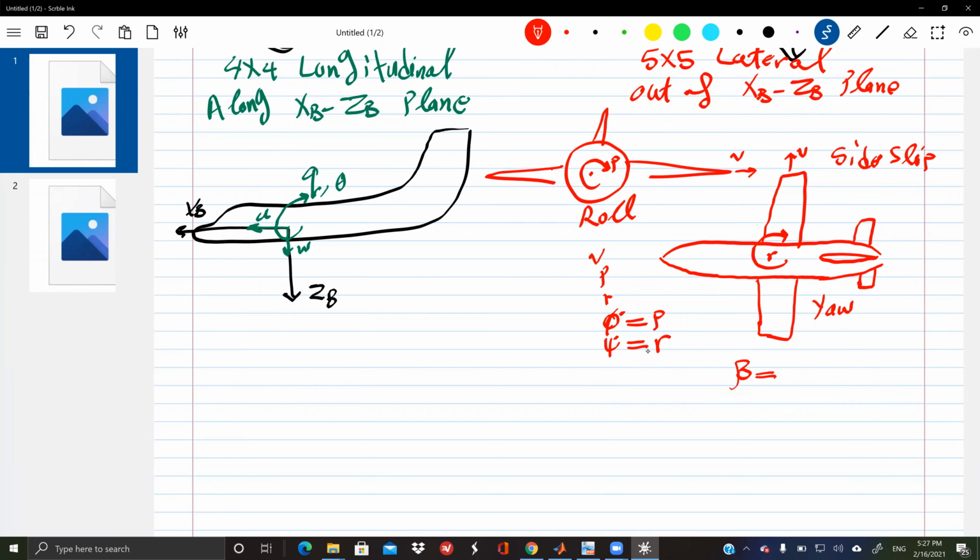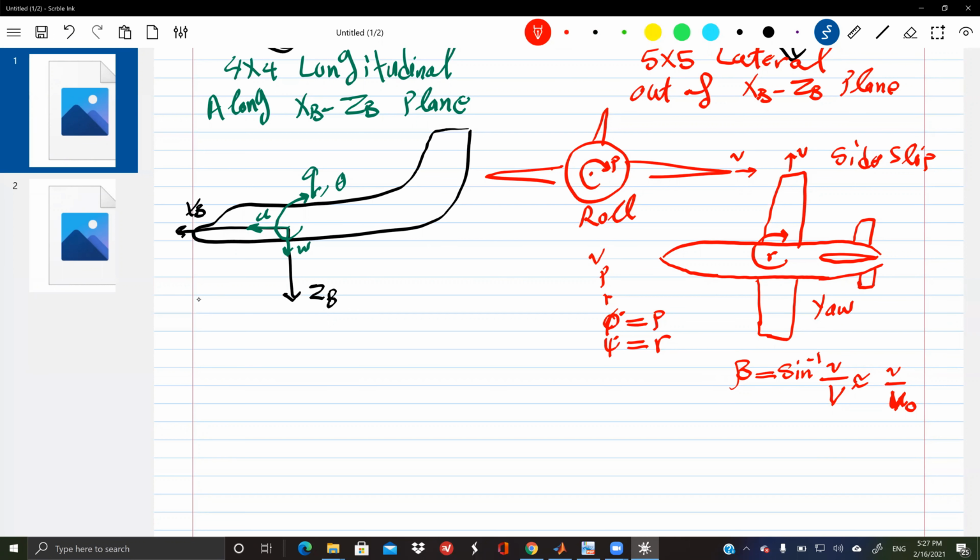The exact definition is sine inverse, if you remember, little v over v. So this is approximately little v over u naught of the airplane. So beta, this is a good question, because beta, the side slip angle, goes with v, little v, the side slip velocity. So whenever I mention little v, I really mean beta and vice versa.